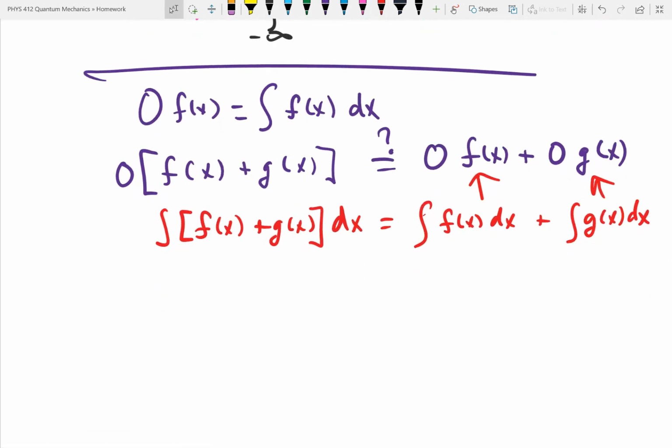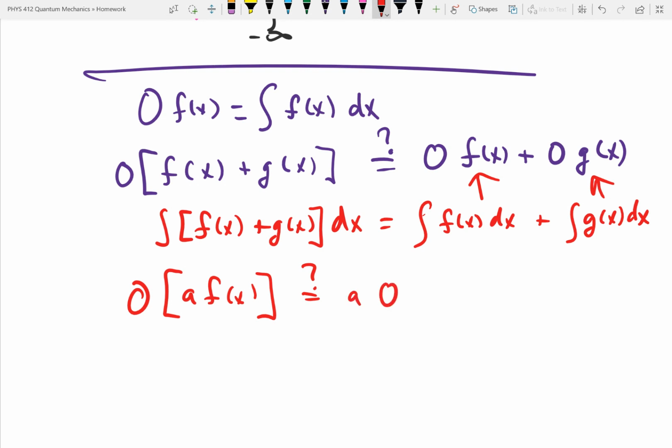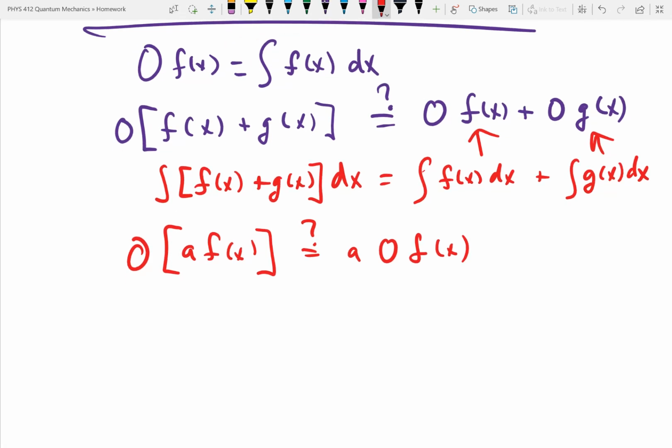And then the second test is, and so that's going to be, and if A is a constant, that's true, right?